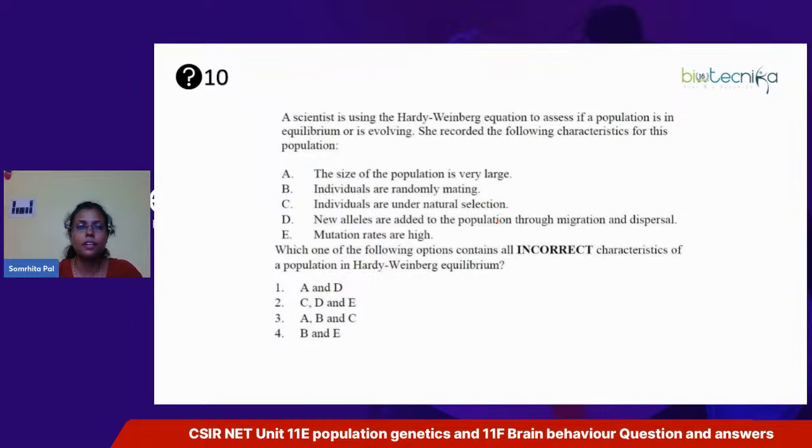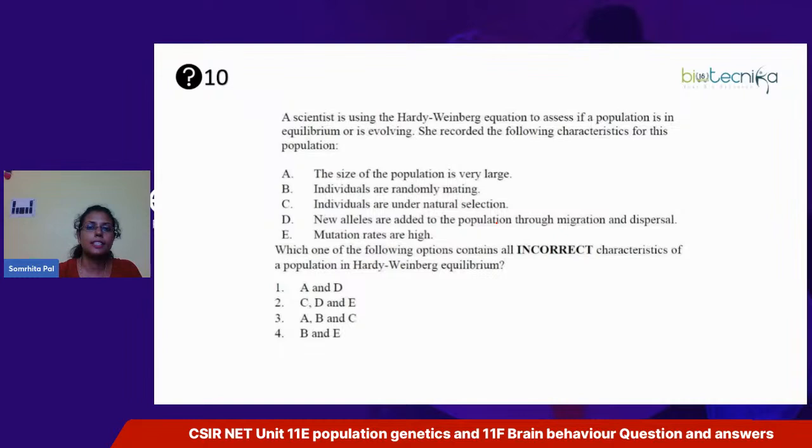Basically, we do Hardy-Weinberg analysis to check whether the population is an evolving population or not.